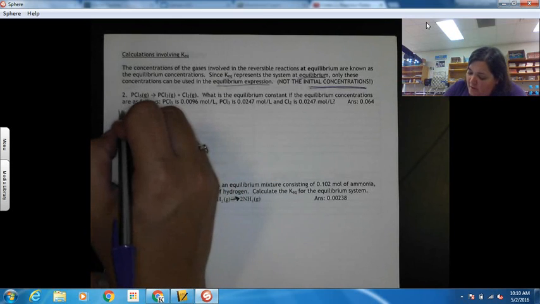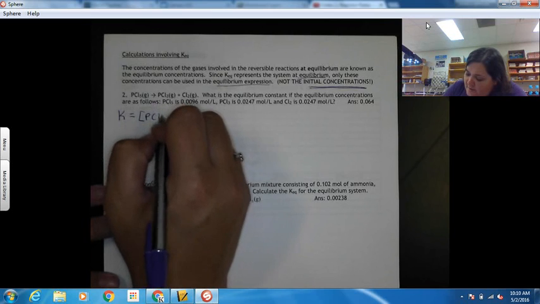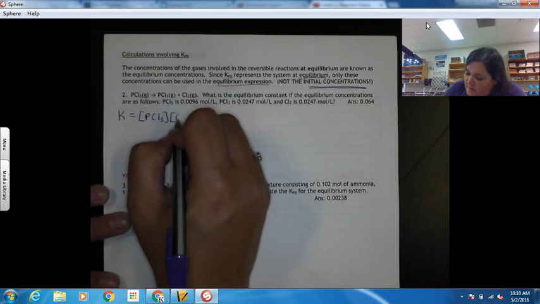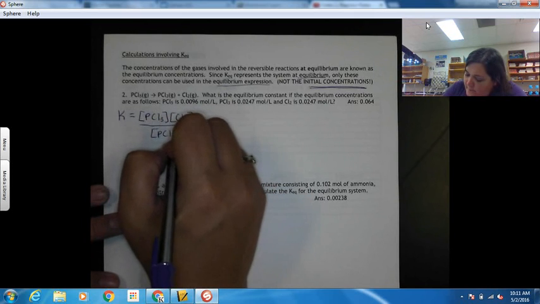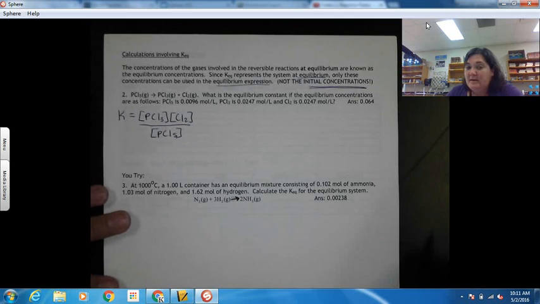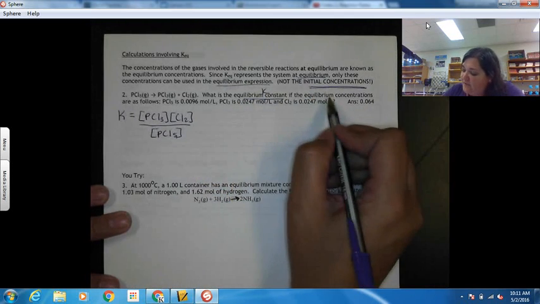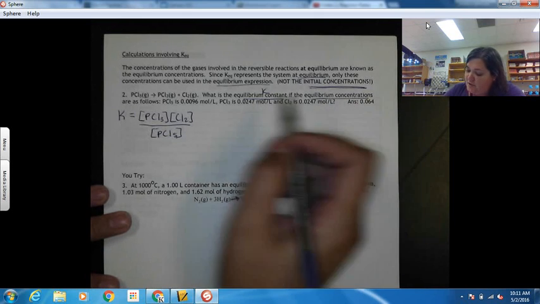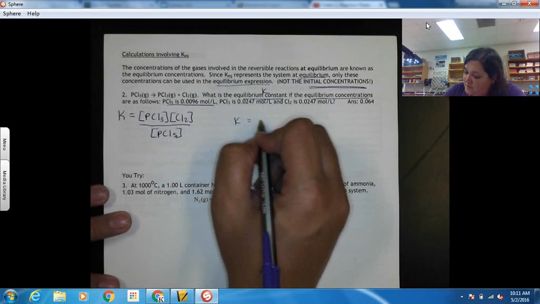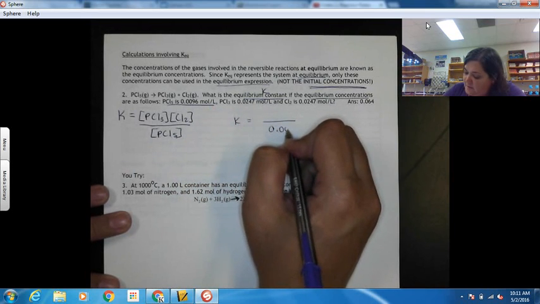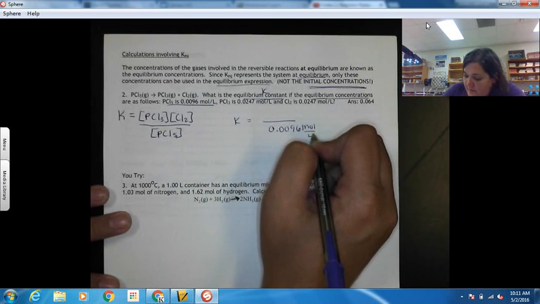So our K is equal to the concentration of our products raised to their coefficients. These are all a coefficient of 1. Okay. Now, it says, what is the equilibrium constant? So that's K. If the equilibrium concentrations are, so PCl5 has a concentration of 0.0096 moles per liter, right?